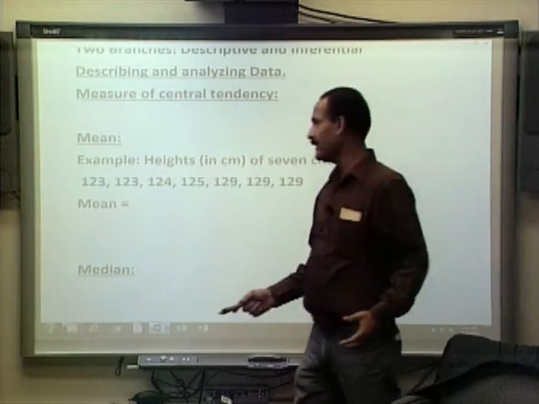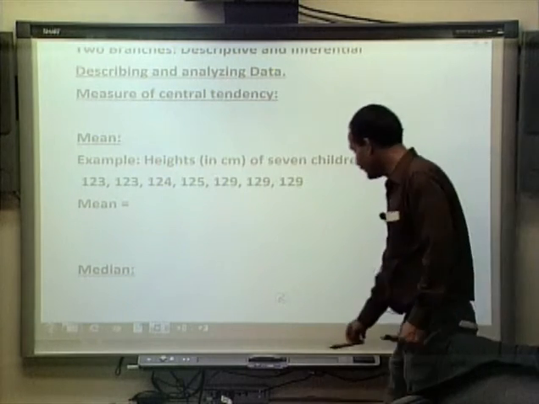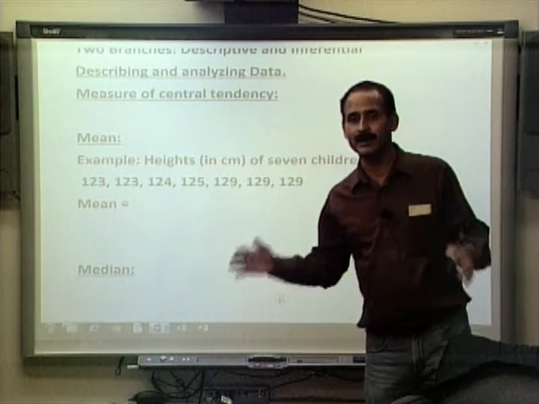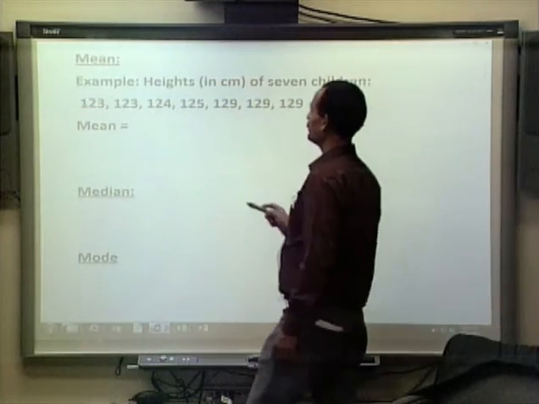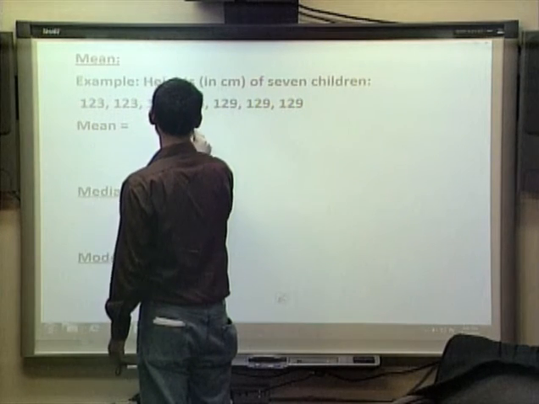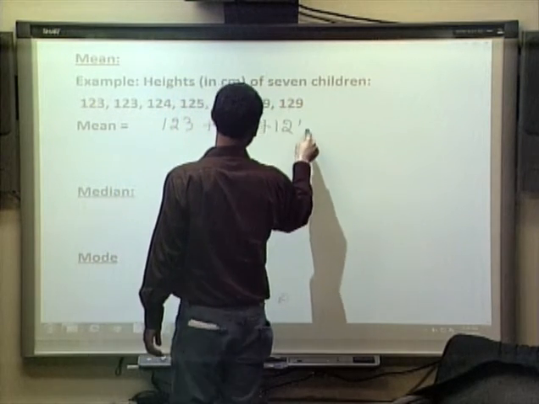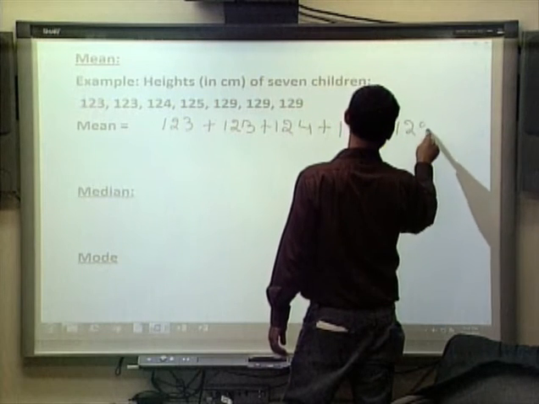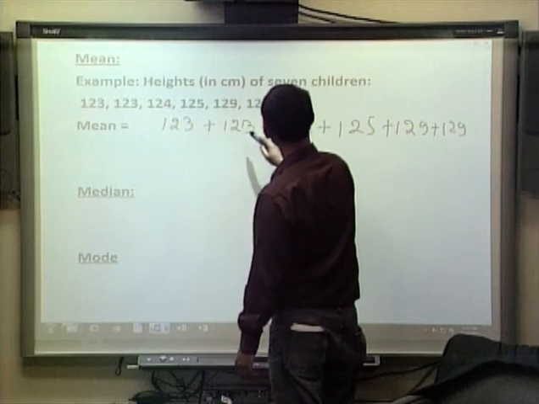In order to find the mean, we simply add the values and divide by how many of them there are. So, we add these values: 123 plus 123 plus 124 plus 125 plus 129 plus 129. These are the 7 values we have in this particular data.